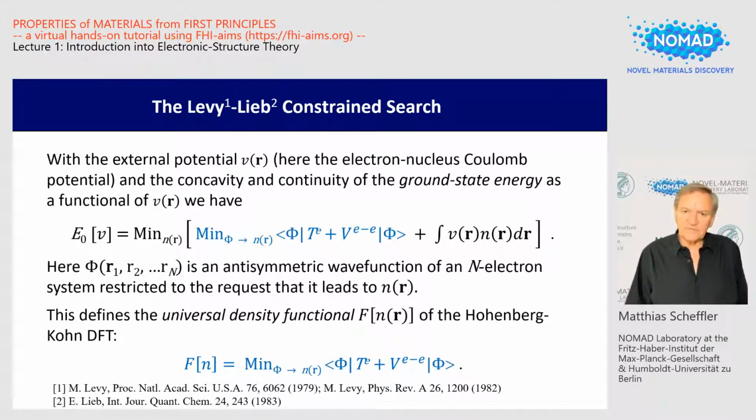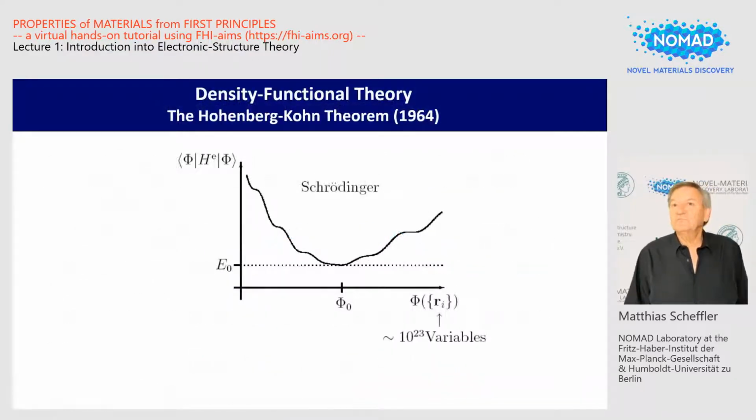The advantage of density functional theory is very obvious if you compare to wave function theory, where in the Schrödinger picture we have the expectation value of the Hamiltonian with respect to the wave function, and the coordinate here is not just one coordinate, it is very, very high dimensional, depending on wave functions which depend on 10 to the 23 variables. And doing the variation for the right wave function, we find the minimum.